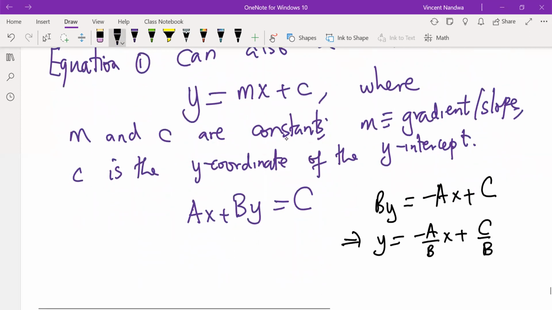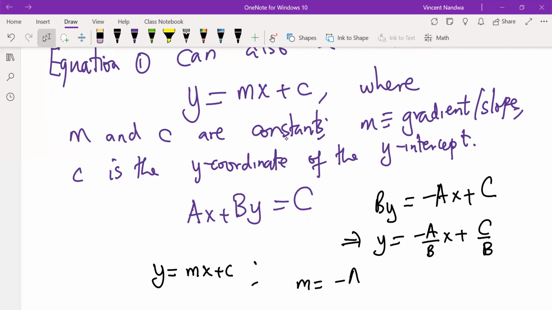So when we say y = mx + c, here m is -A/B and c is C/B.